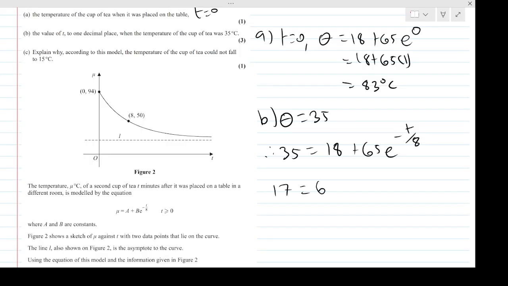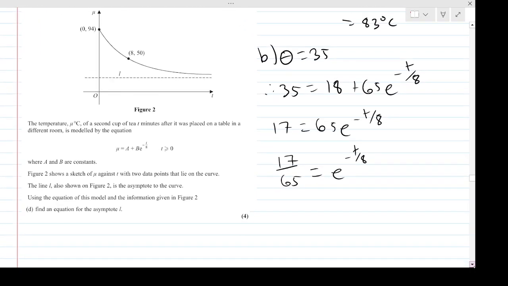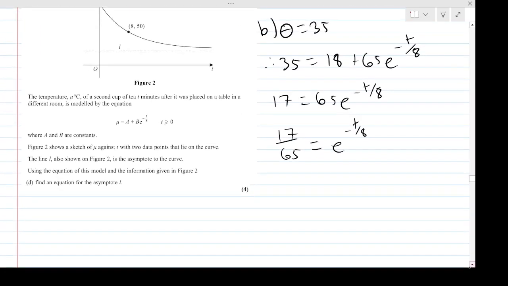That would equal 65 e to the negative t over 8. If I divide by 65, I get 17 over 65 is equal to e to the negative t over 8. Then if I take ln of both sides, I get ln of 17 over 65 is equal to ln e to the negative t over 8.